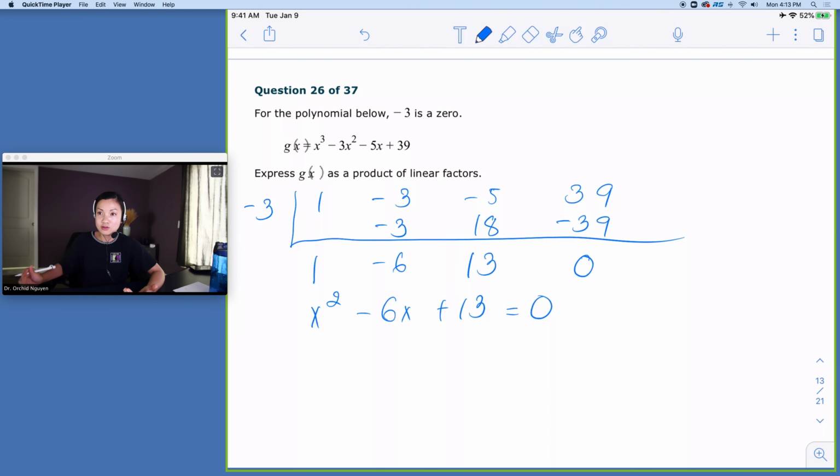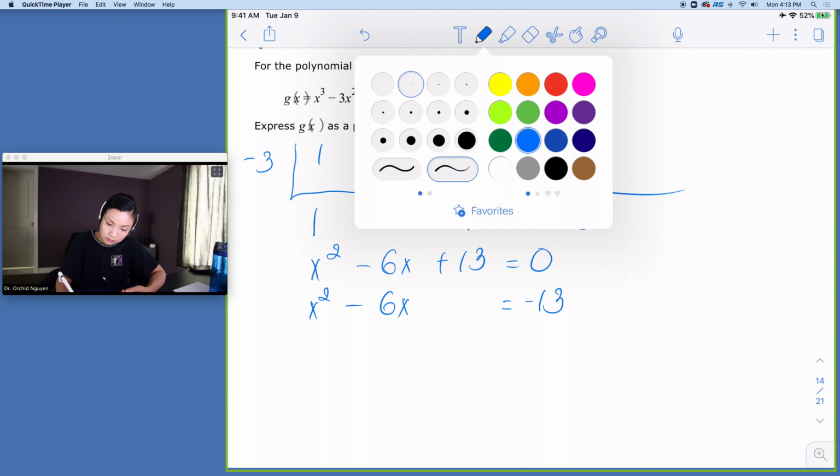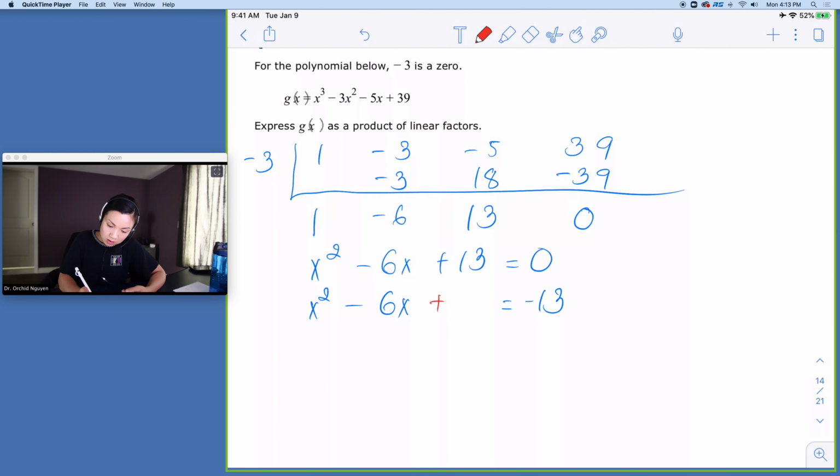All right, for sure you can't factor, right? So I'm going to complete the square. Every time I have a equals 1, completing the square is way easier than the quadratic formula. So plus 9 here, because negative 6 divided by 2 is 3. 3 squared is 9.